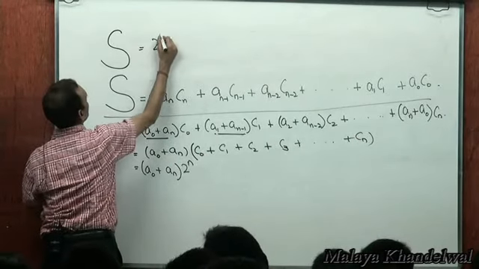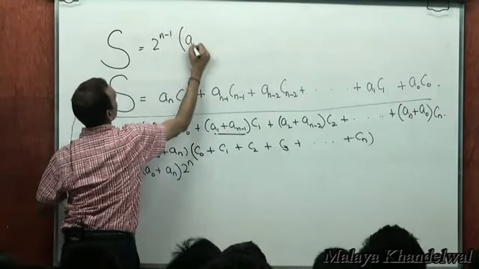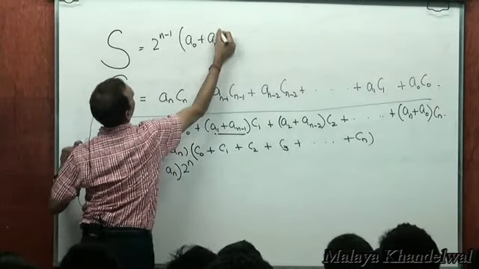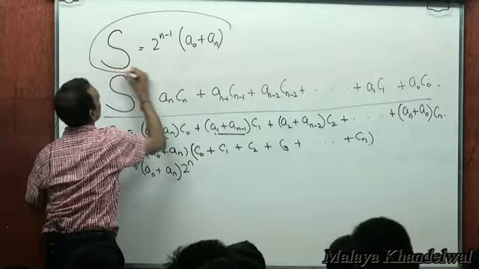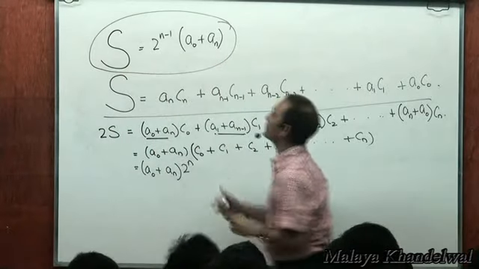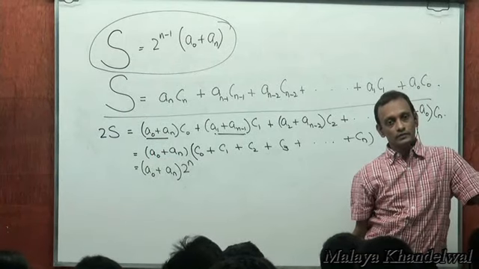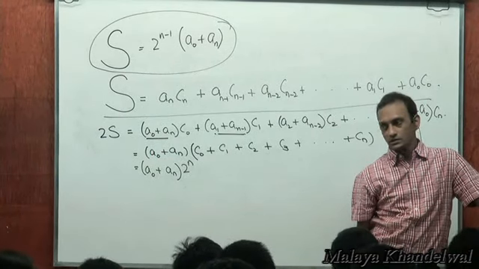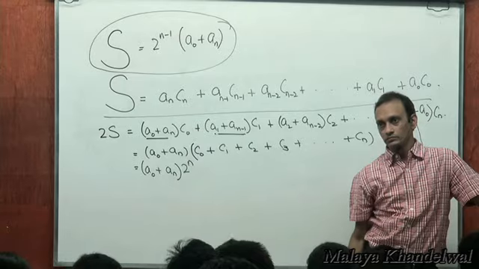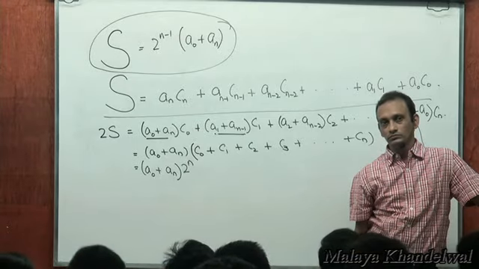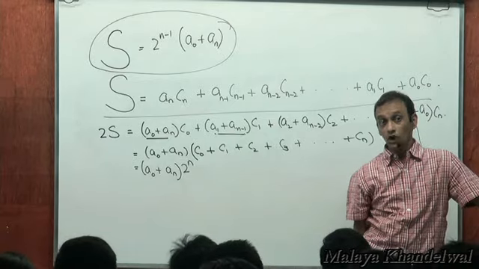S therefore is 2 to the power n minus 1 into (A0 + An). How about this? Got me?